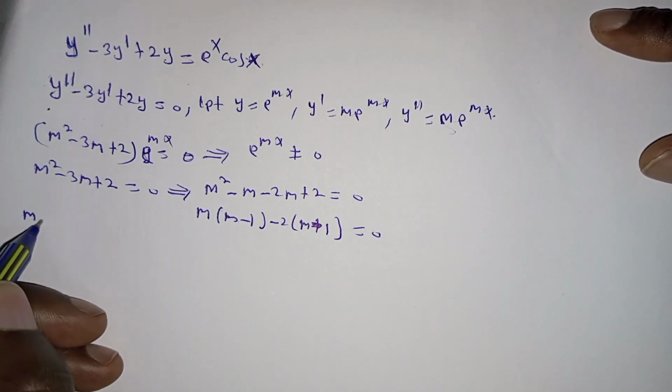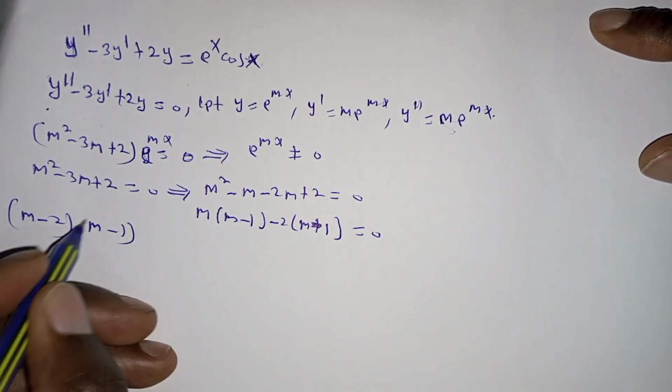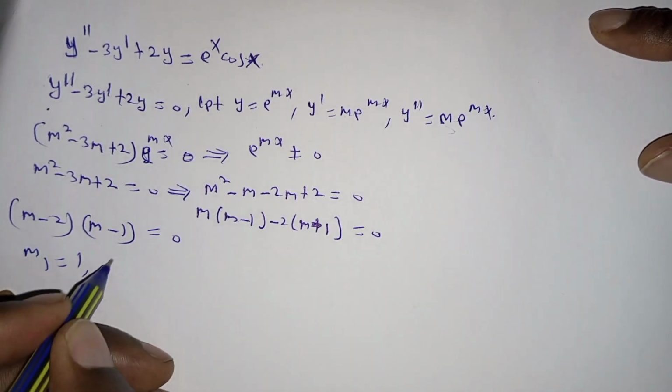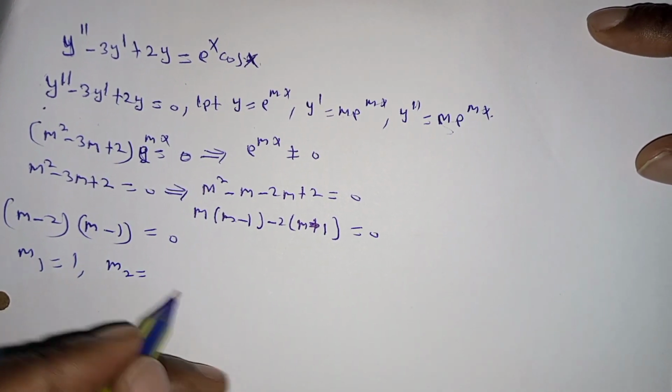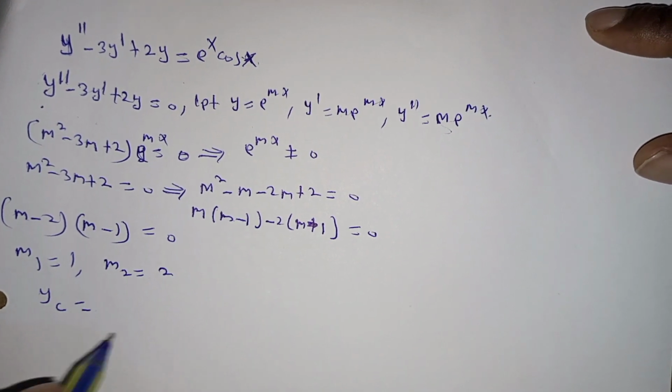So (m minus 2)(m minus 1) is equal to 0, meaning that our m1 is equal to 1 and our m2 is equal to 2.